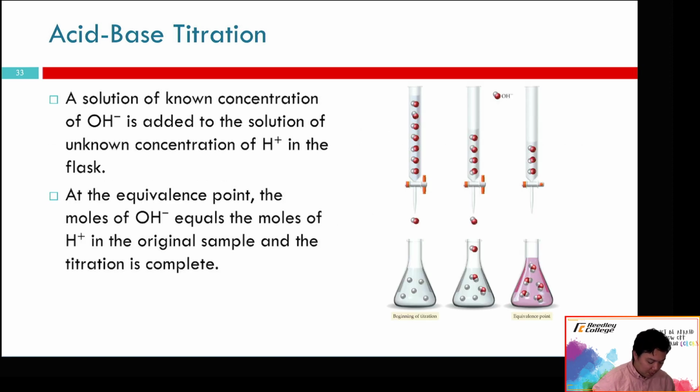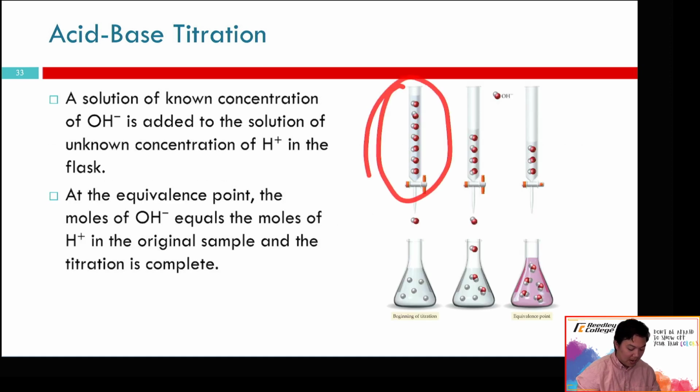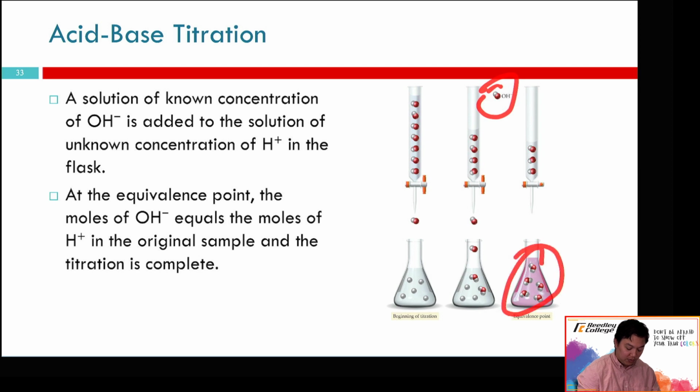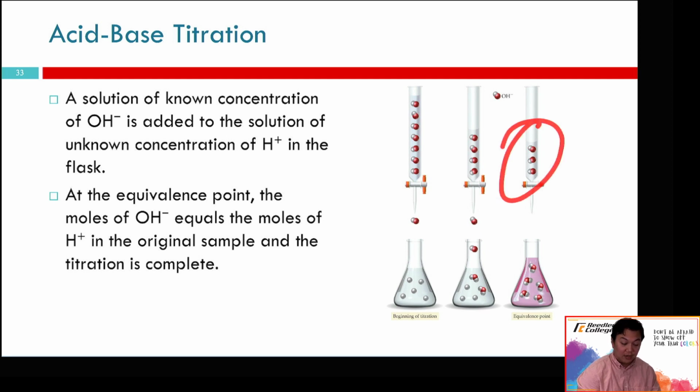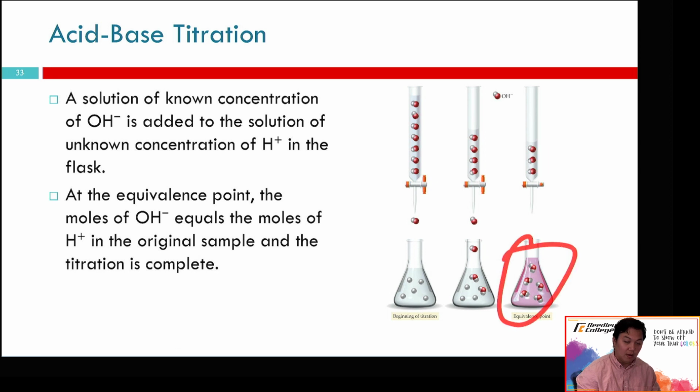Because we know exactly how many hydroxides we're adding, when this changes color we've matched the H plus to the hydroxide in a 1-to-1 ratio, so however many hydroxides we added is also the number of H plus in our unknown solution.